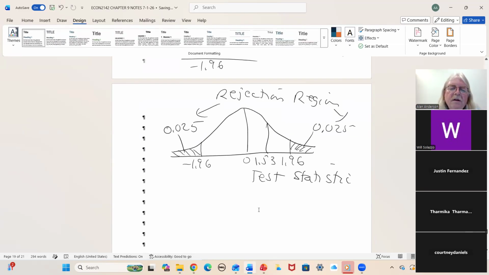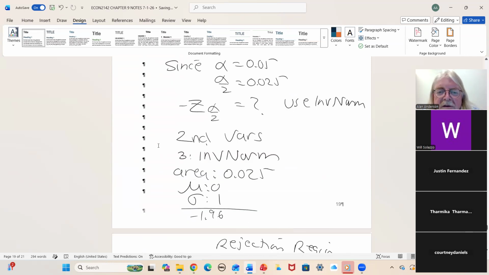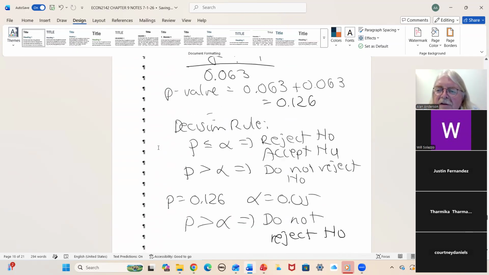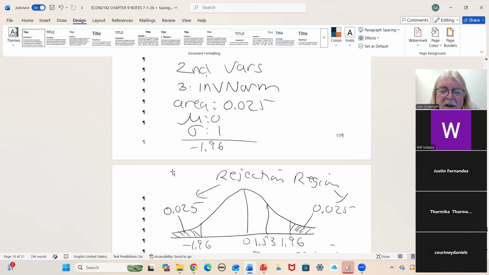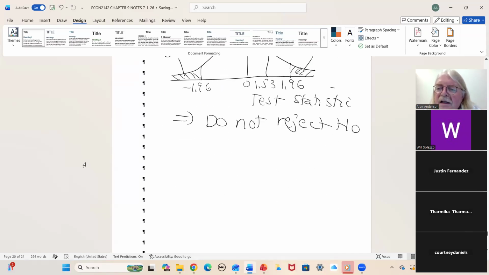And so therefore, we do not reject the null. So both approaches again gave us the same result. The p-value told us that the p-value is too high to reject the null. And this approach told us that the test statistic is not in the rejection region, which means do not reject the null. Any way you look at it, we do not reject the null. And therefore, the company does not have to adjust the golf balls.